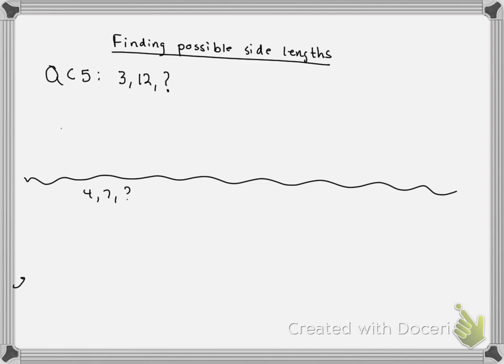Now we're kind of flipping this theorem and working backwards with it. So instead of being given sides that we have to determine whether or not they actually make up a triangle, we're going to use the triangle inequality theorem to find the possible lengths of the third side, okay?